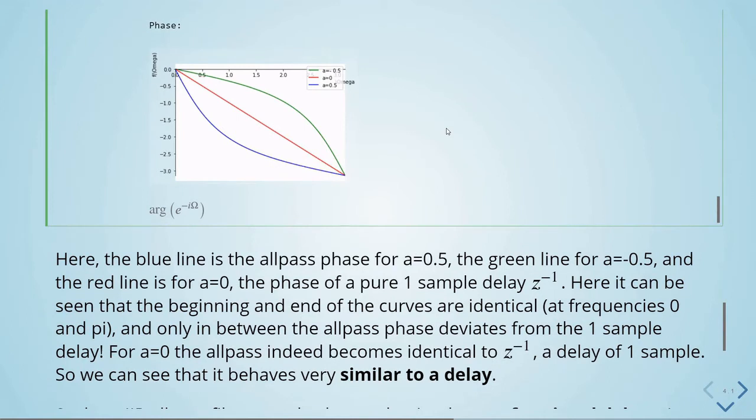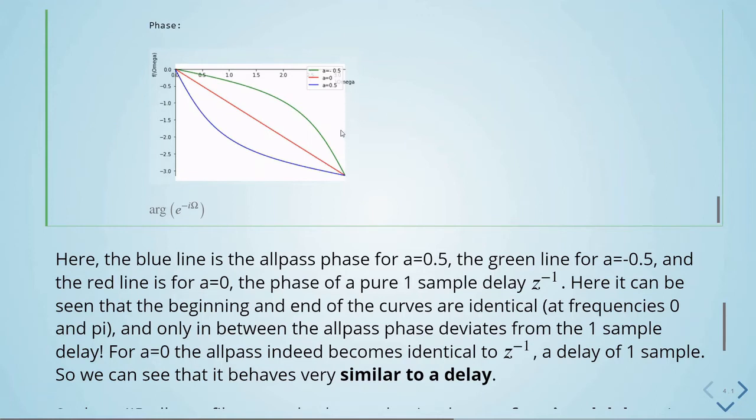And here we see the blue line is the all-pass phase for a equals 0.5, the green line for a equals minus 0.5, and the red line is for a equals 0. And the phase is a pure one sample delay, z to the minus 1, for when a equals 0. So here we can see that the beginning and the end of the curves are identical at frequency 0 and at frequency pi, but only in between the all-pass phase deviates from the one sample delay.